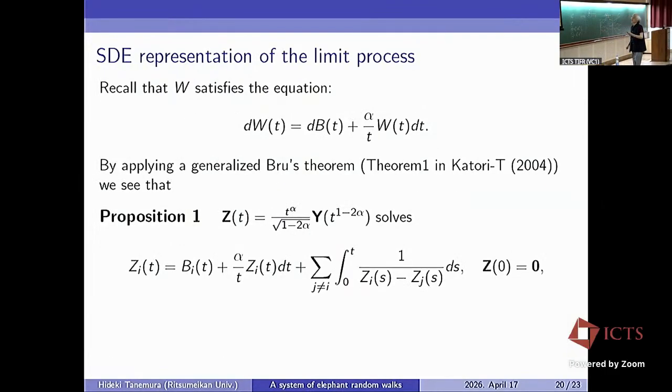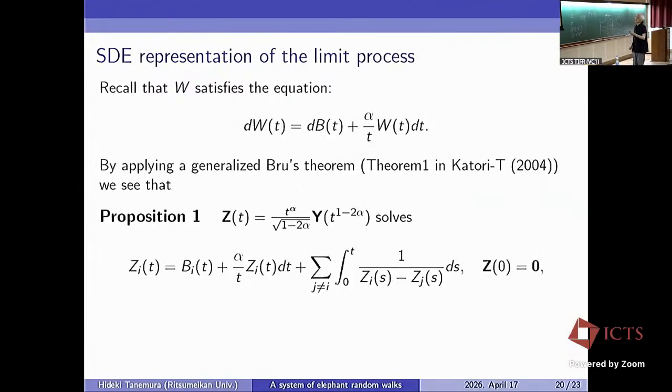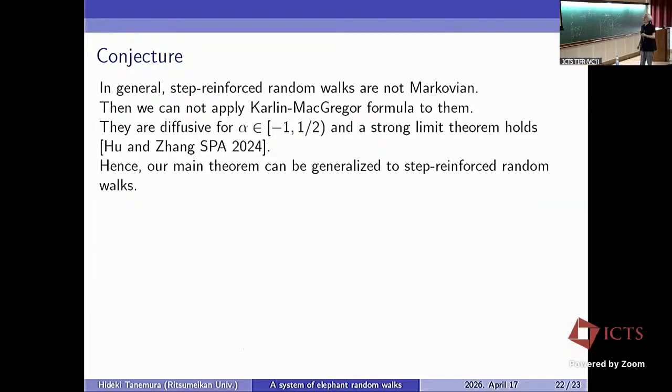And for some generalization, instead of plus and minus 1, we can use IID random variables with finite mean and finite variance. In this case, this is called a step-reinforced random walk. This is exactly a generalization: instead of plus 1 and minus 1, we can use a general random variable. In this case, we can generalize our result to this case, I hope.